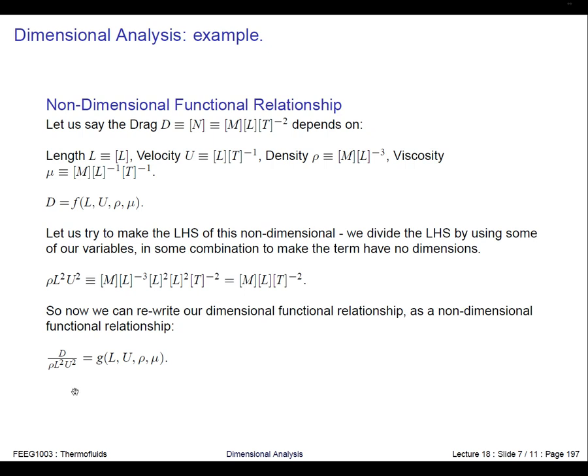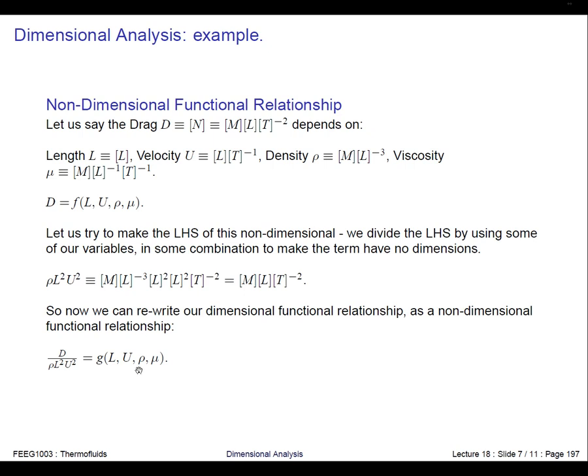So here we are, I've done this, and this is my drag, but the key thing is this has no dimensions. So this equation had effectively a drag dimension. This said drag equals some function of L and U and rho, but whatever terms I have here, they must have units of newtons, because it's newtons on the left hand side and I must have newtons on the right hand side.